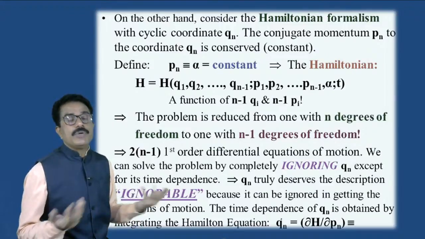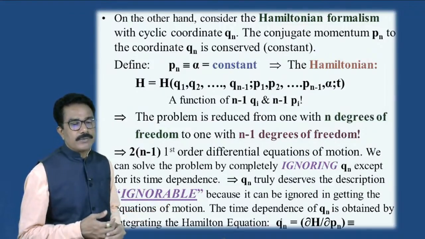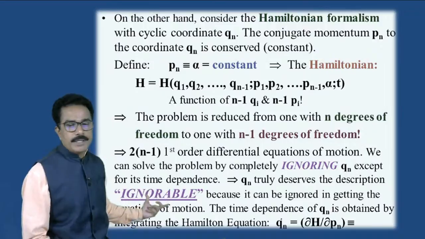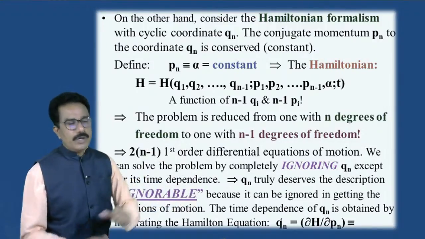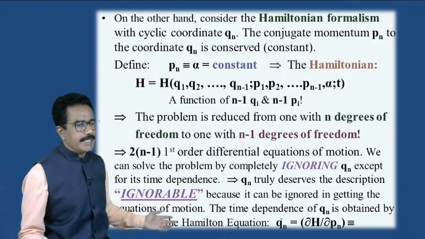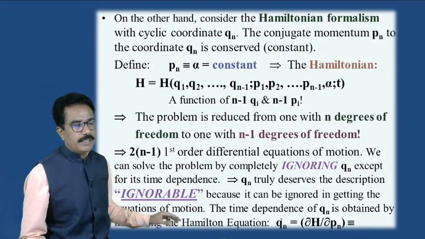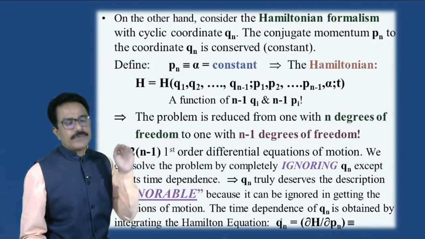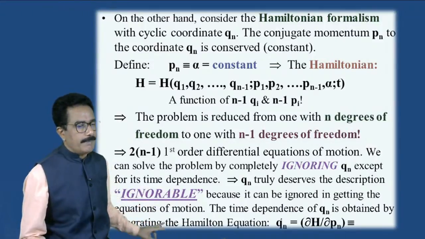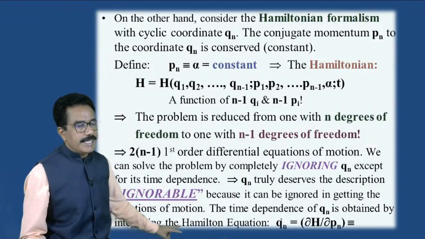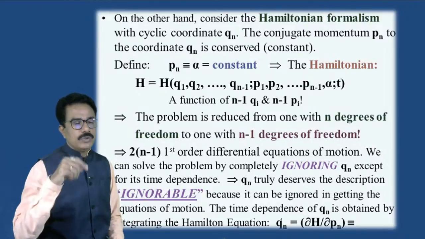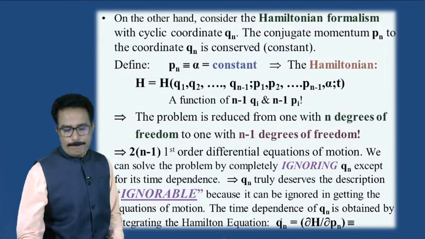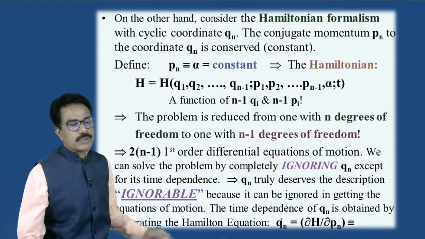This implies that qn truly deserves the description ignorable, because we can ignore it in getting the equations of motion. The time dependence of qn is obtained by integrating the Hamiltonian equation qn dot equals dou H by dou pn, which is equal to 0.